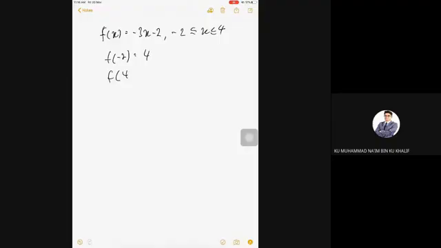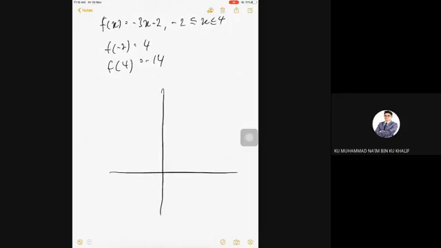So I have negative 2 jadi 4. Then 4, 14, right? Negative 2. So this one should be negative 2. Alright.